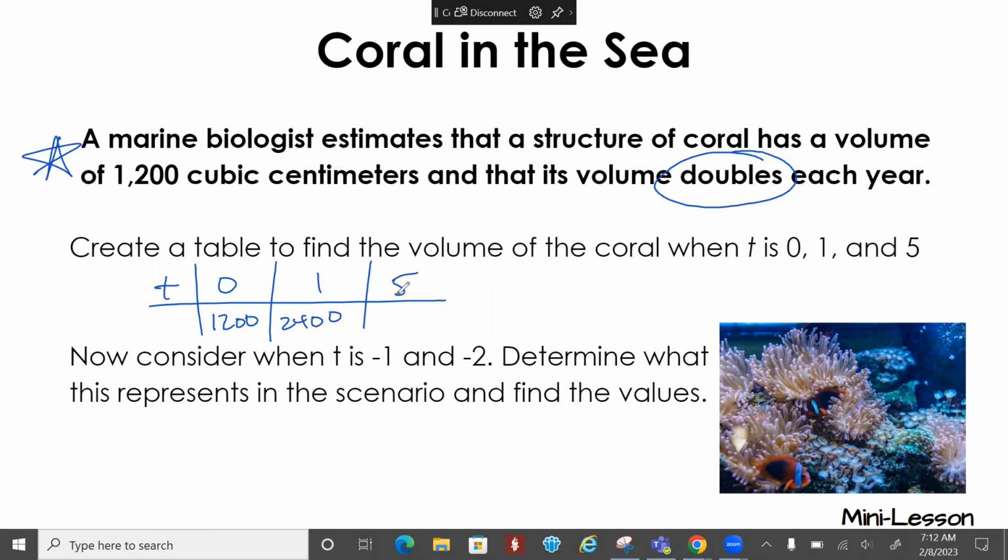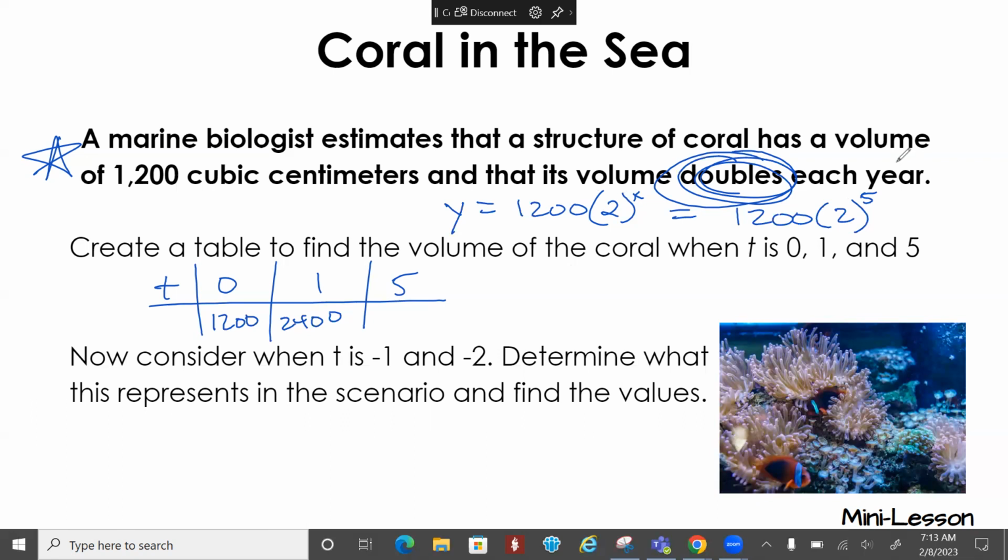Okay, so we could sit here and we could multiply by 2, right? Or could we create an equation? I like equations just because that makes my life a little bit easier. So you told me that the initial amount is 1,200, right? And then we're saying that it doubles each year. So that's going to be our rate. Now we can take this equation and substitute in a 5.